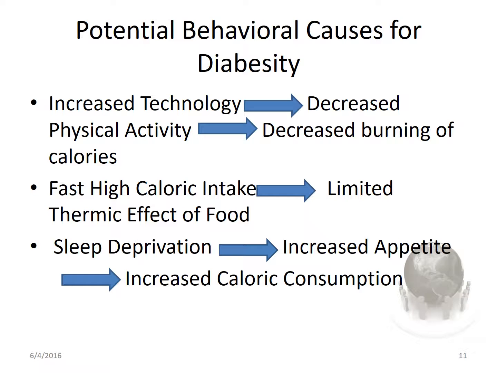Sleep deprivation. If you are playing your technology late at night, you get less sleep. The next day, you're going to have more of an appetite, and then you're going to have increased caloric consumption, which then leads to weight gain. So again, contributing to the cycle of diabetes and diabesity, I should say.